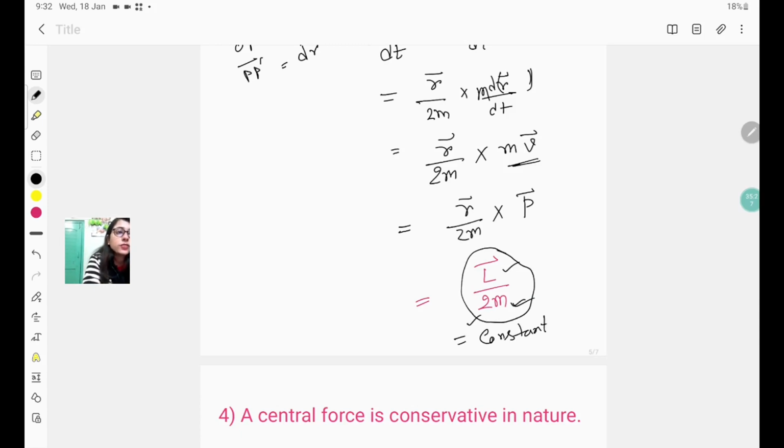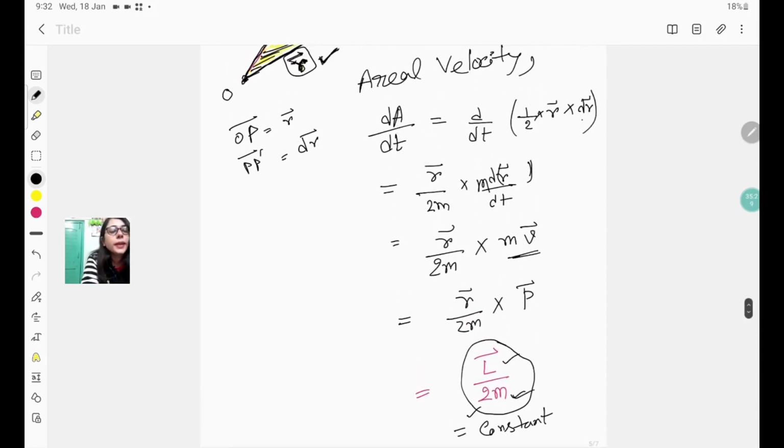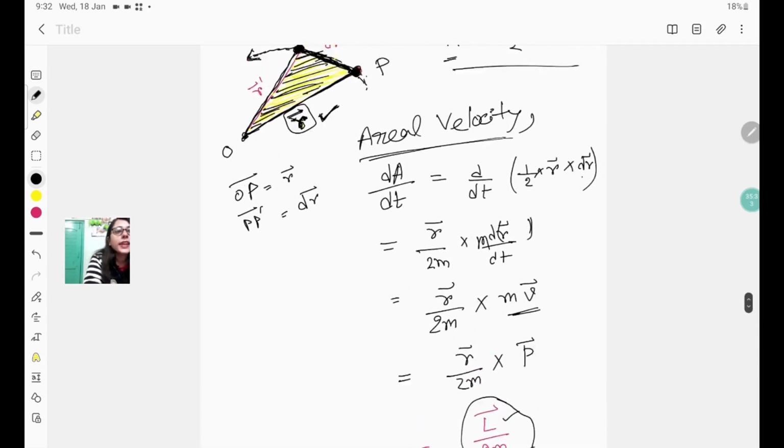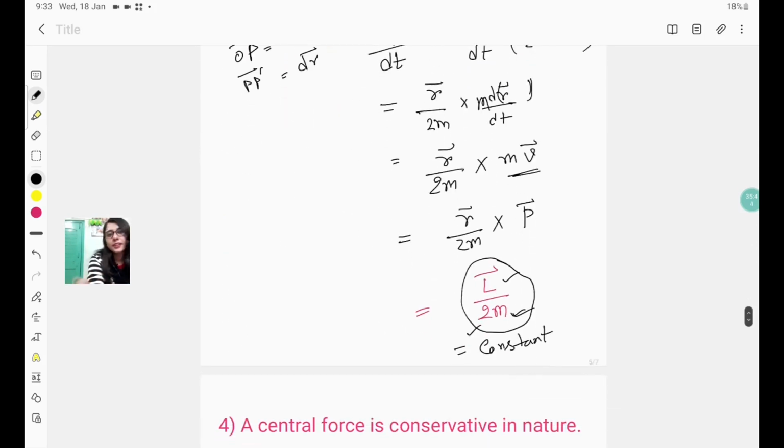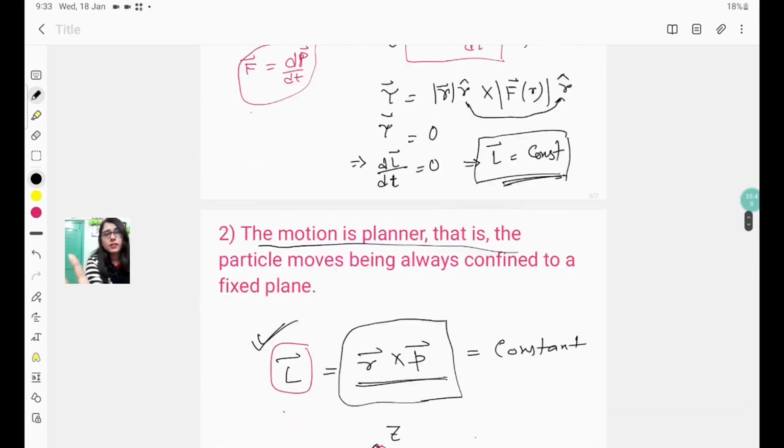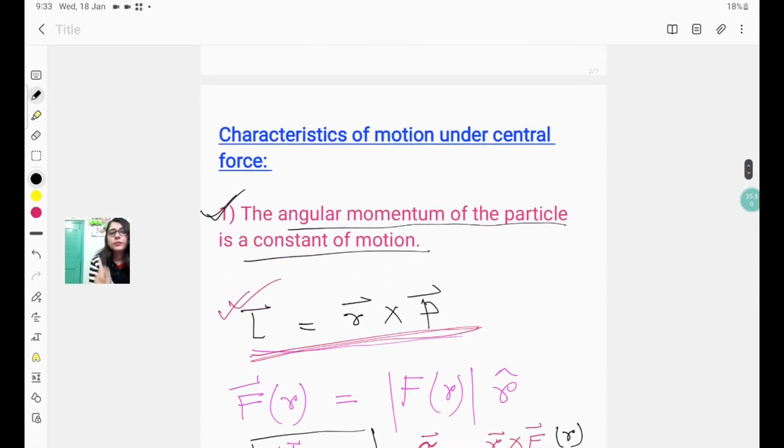And what is L by twice m? It is actually dA by dt, that is the areal velocity. So, it becomes that the areal velocity is also constant. So, we needed to prove that the areal velocity of the radius vector is constant, and we could prove it here. Okay. So, the first part was the angular momentum should be constant.